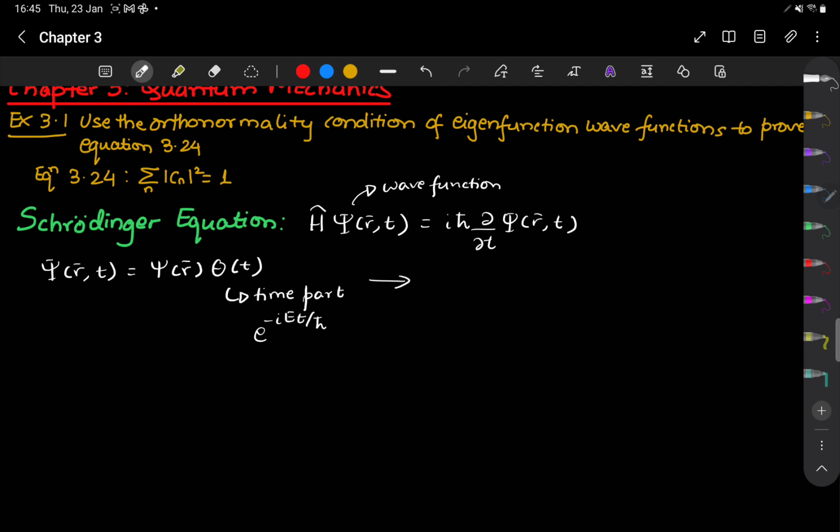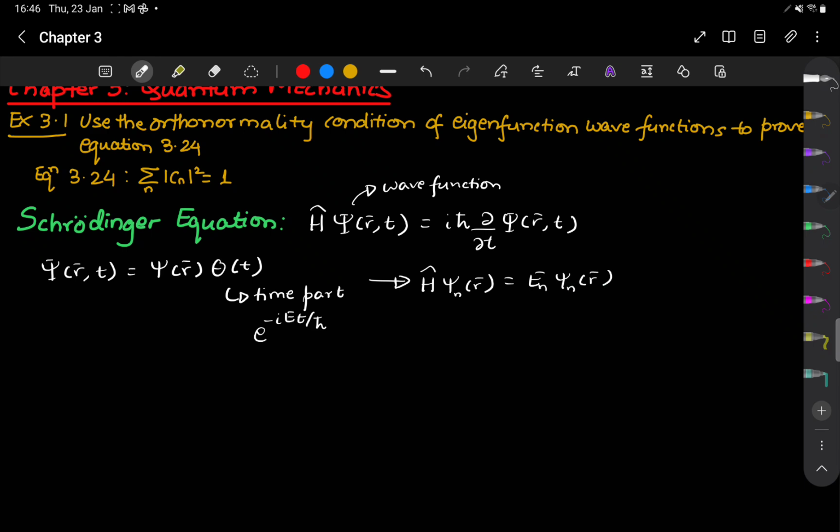And using this, the Schrodinger equation can then be reduced to the time independent Schrodinger equation, where we treat the time part separately as this, and then the Hamiltonian acts on the space part. In this way.